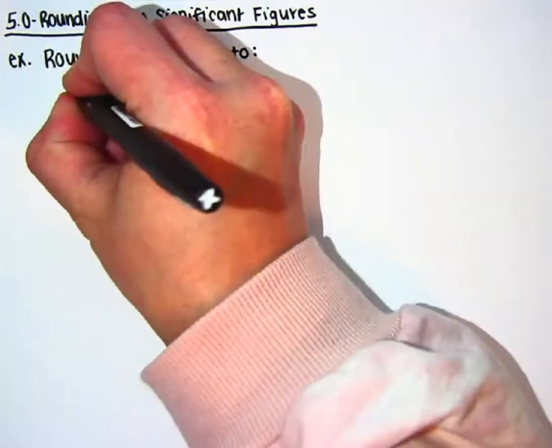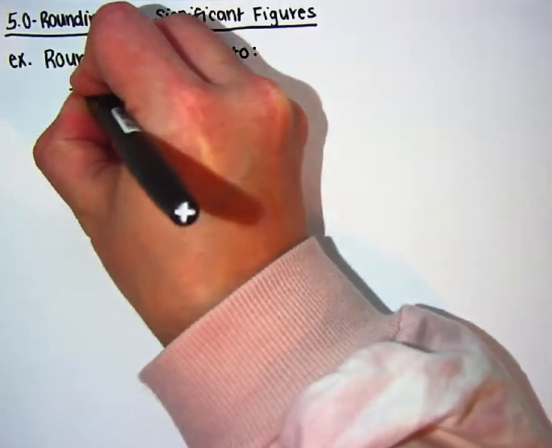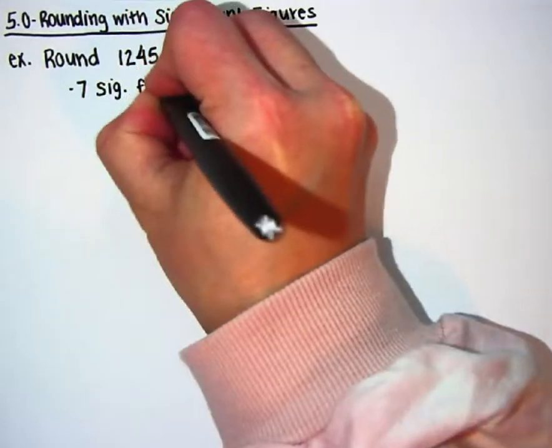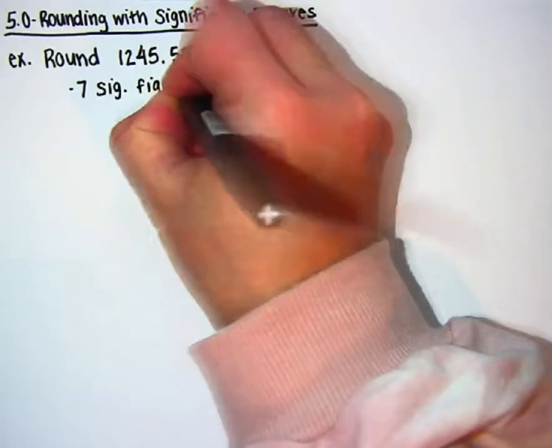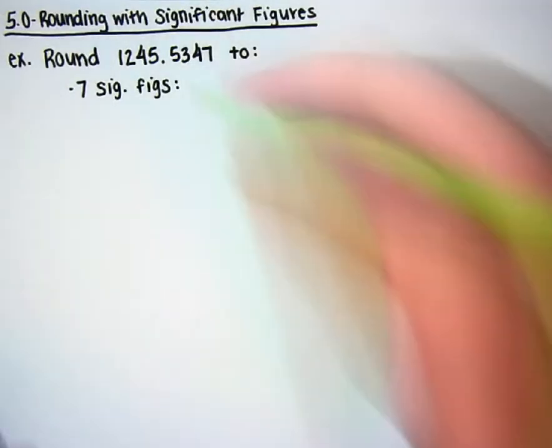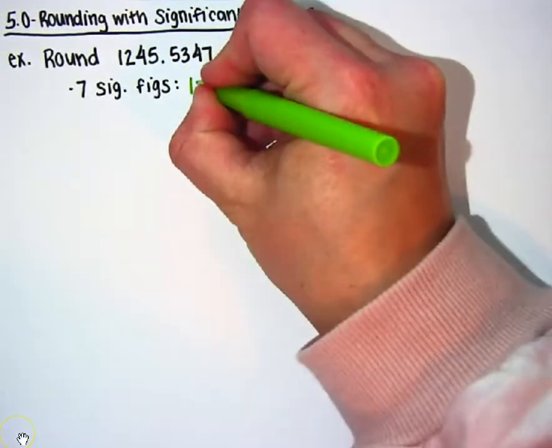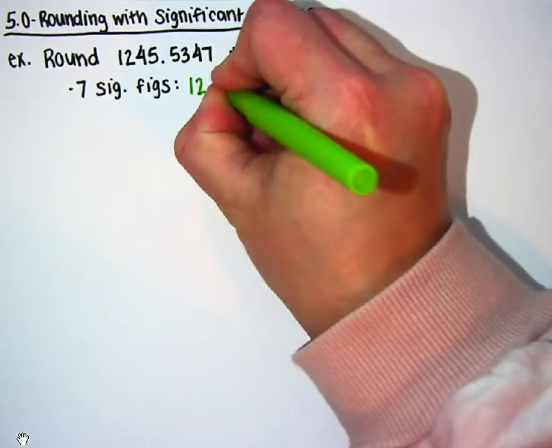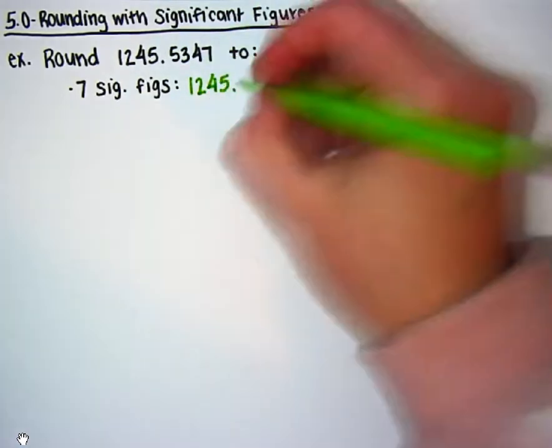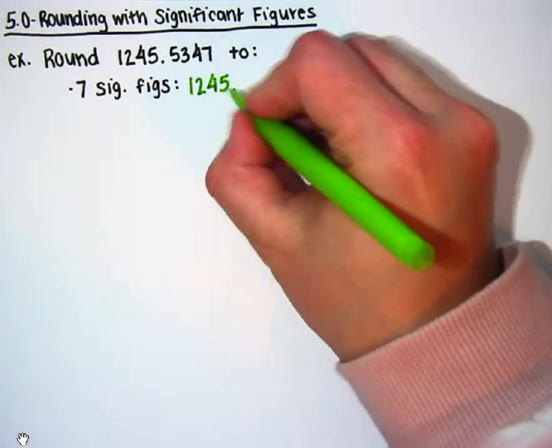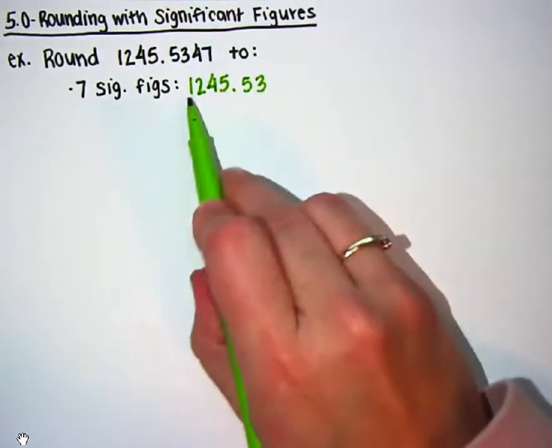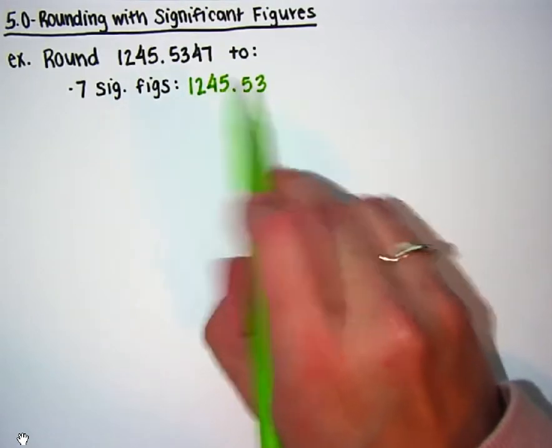Let's say your answer could only have 7 significant figures. So we need to round this number to 7 significant figures. If I'm keeping 7 digits, I would keep 1, 2, 3, 4, 5, 6.